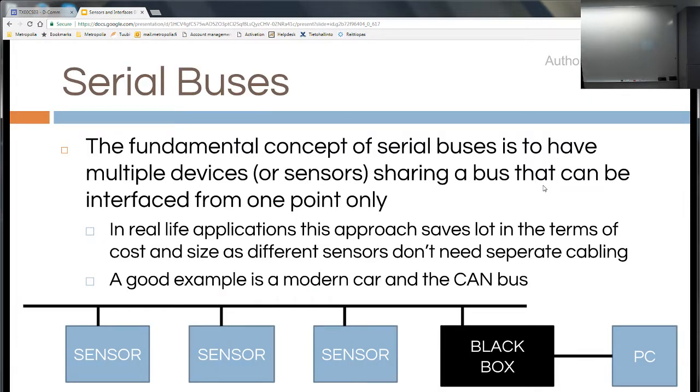But back to the bus again. So the whole idea of having serial buses for these sensors is just to save electronics design space, so the circuit board space, and basically simplify them.